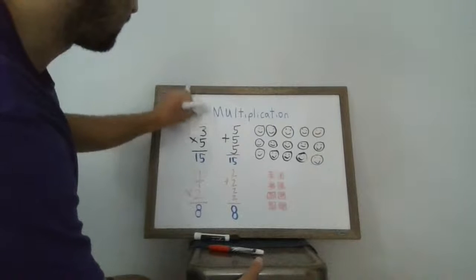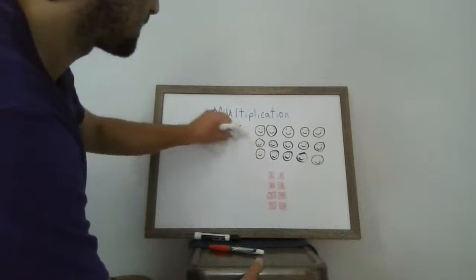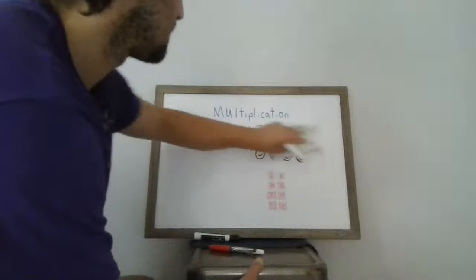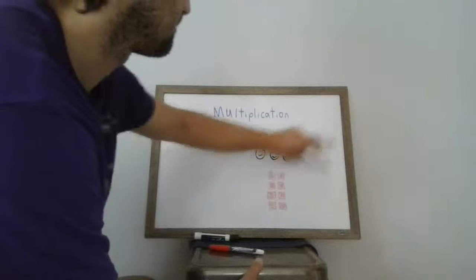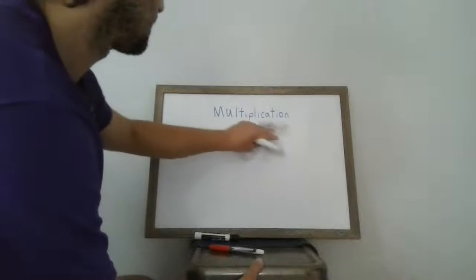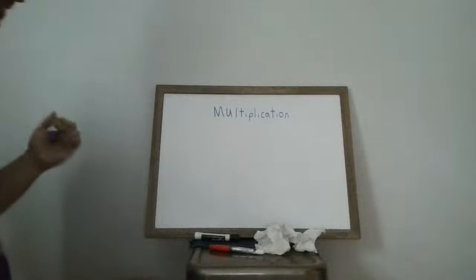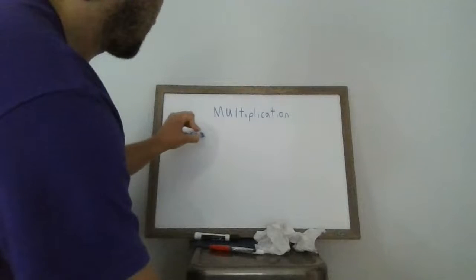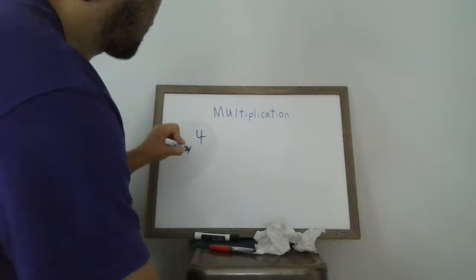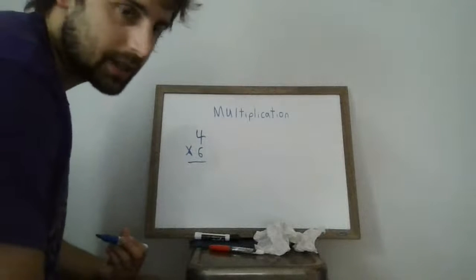So I'm going to show another problem now. So 4 times 6 means I'm adding the number 6 4 times.